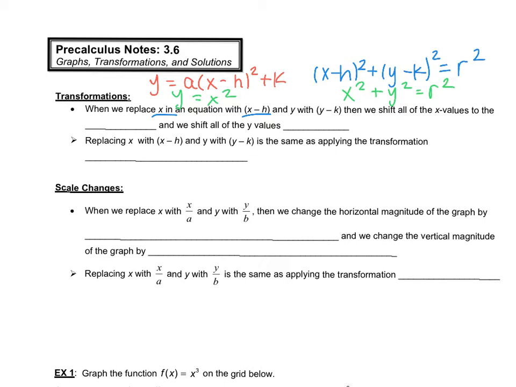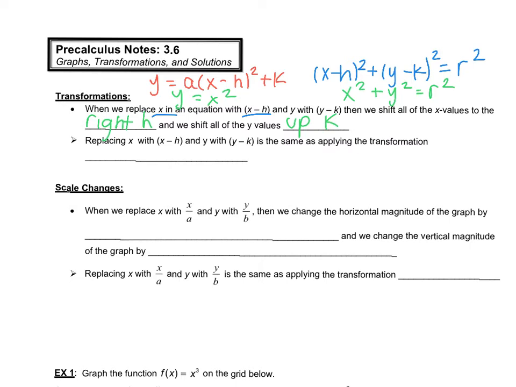This is assuming h is positive. So it would shift to the right h units. And it would shift up k units. So again, that's assuming h and k are positive. If h was negative, it would shift to the left.